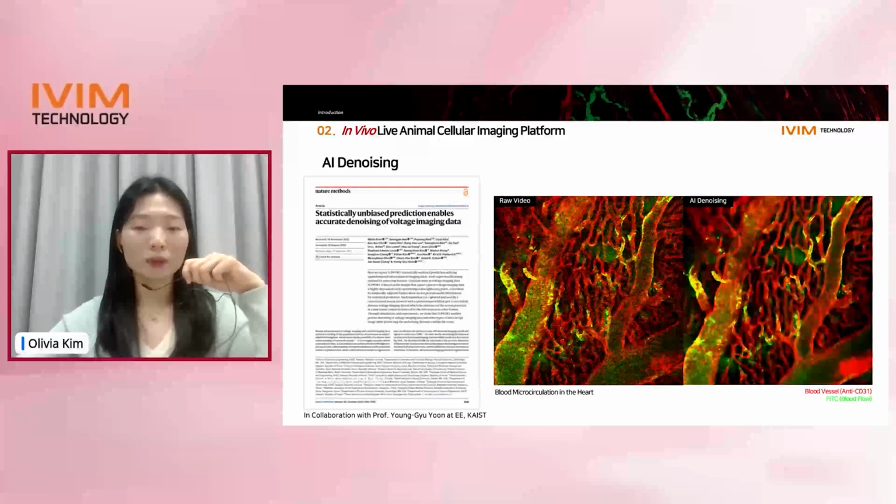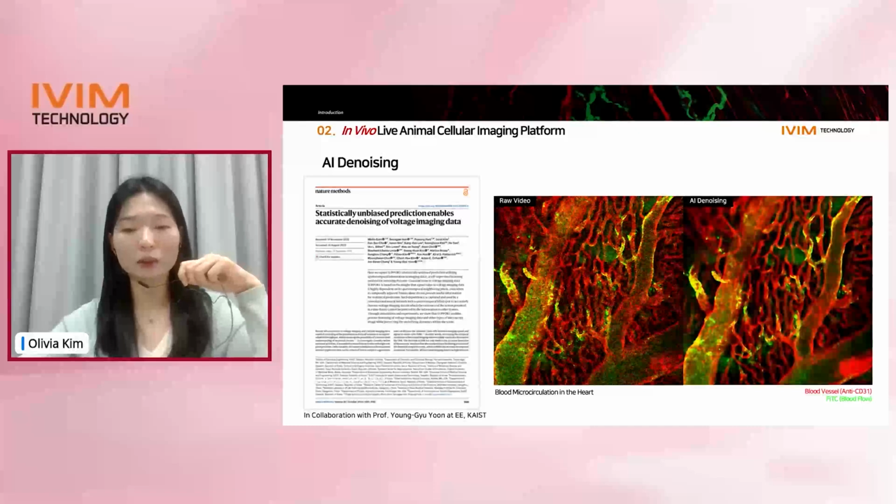This AI-driven approach has also been highlighted in Nature Methods, supporting its scientific validity and applicability for advanced in vivo imaging. Therefore, for highly dynamic tissues such as the heart, a combination of high-speed imaging, motion compensation system, and AI-based denoising is essential to obtain truly interpretable and reliable data.